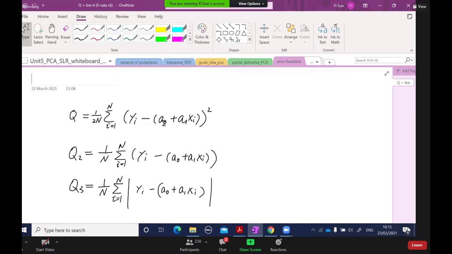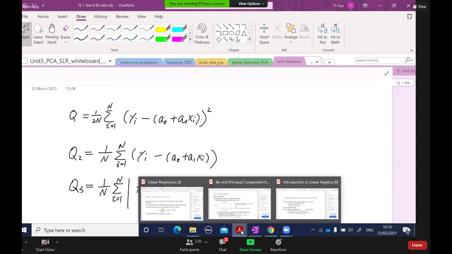But if we have an error of 5, this one will be significantly weighted to 25. However, compared with these two, because we can use tools for differentiation and we can avoid the problem of cancelling errors, that is why this one is popular in machine learning or data mining.